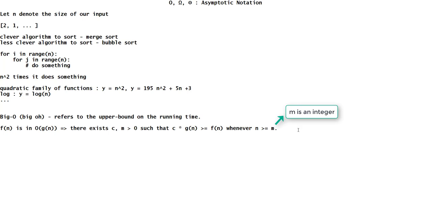Okay, so that is talking about the upper bound, and in this case g of n is some family of functions like a quadratic or something that should be growing faster than f of n, which might be something like log, or even if they're both quadratic, then this would be the case where they're equal.